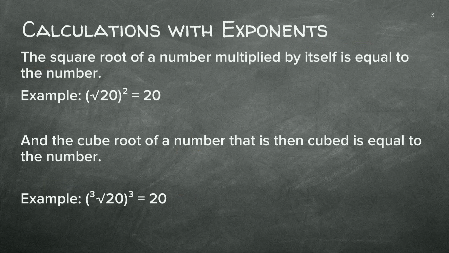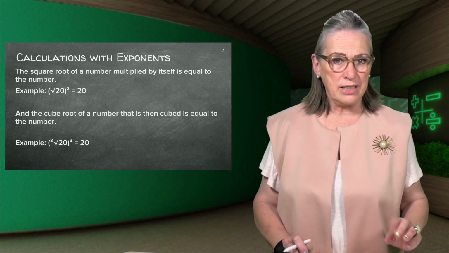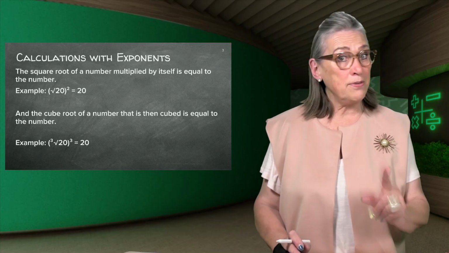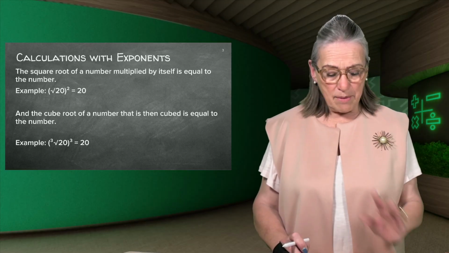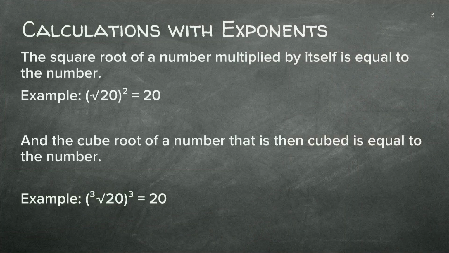Okay, let's do another example. But before we do that, this is very important to remember because all the teachers love to throw this in and it looks so difficult, and it's actually so easy if you understand it. So I'm going to use an example. A square root of a number multiplied by itself is equal to the number, right?